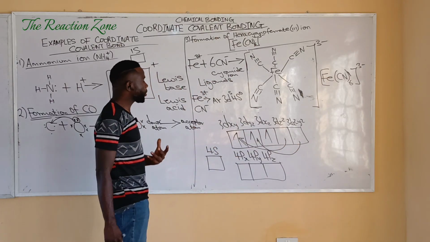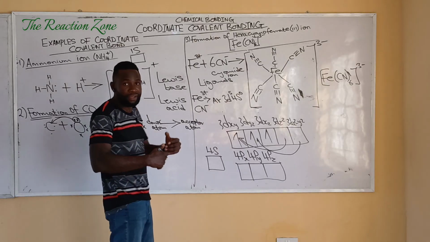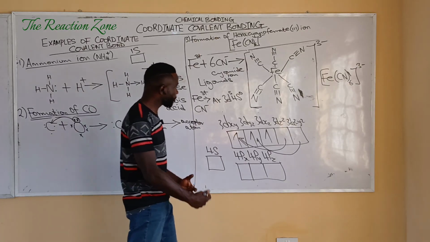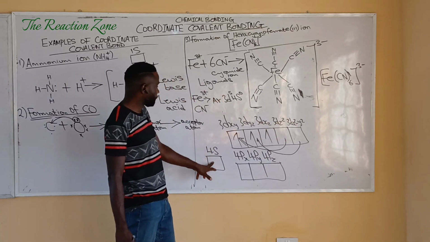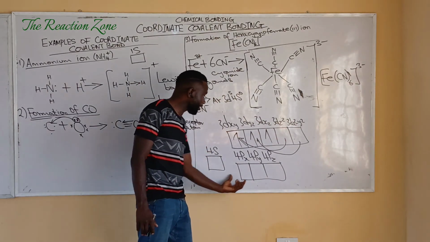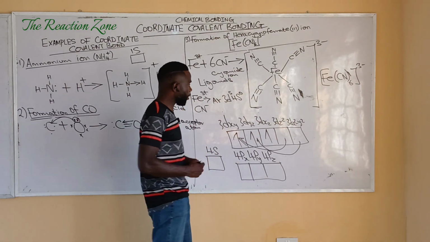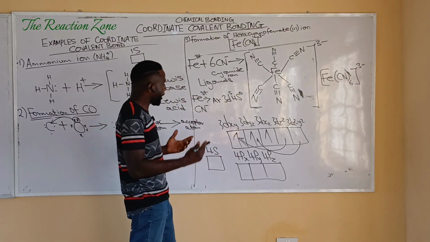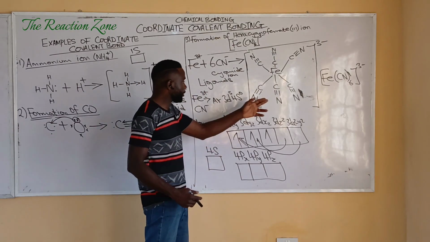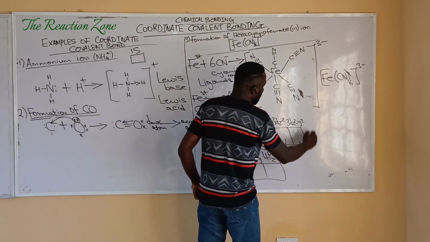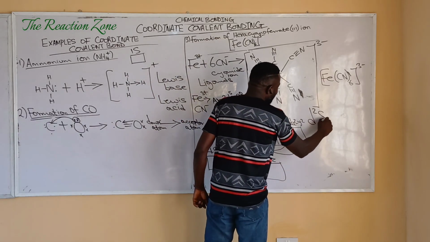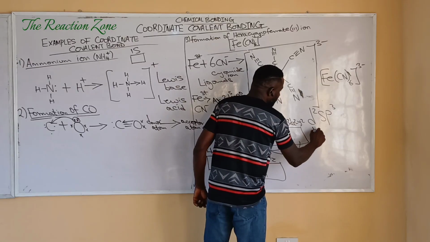The next thing that is going to happen is that there will be a hybridization between these 2 3d orbitals and this 4s orbital, as well as these 3 4p orbitals. In other words, the kind of hybridization that will take place between the d orbitals, the s orbital, and the p orbitals is called d2sp3 hybridization.